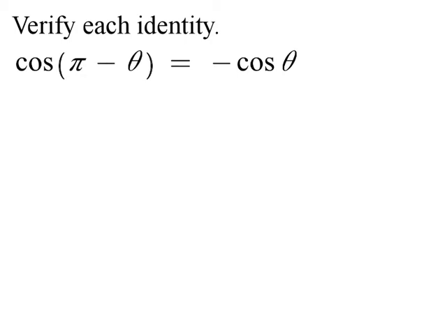The last two problems, okay? Notice it says to verify each identity. And so this one we're going to go ahead and verify. I'll let you get that down and then we'll continue.